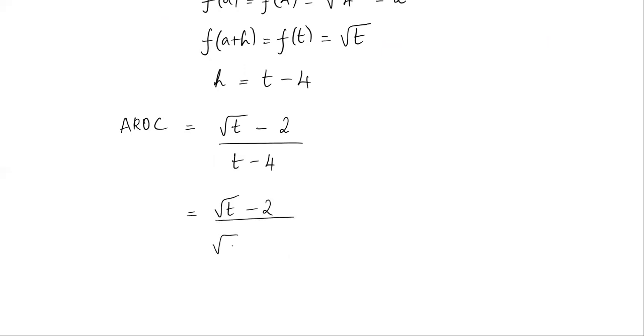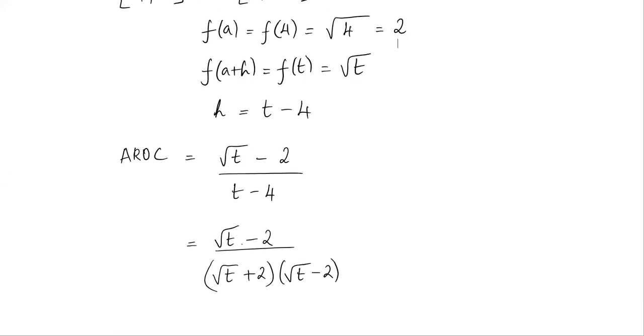So that'll be square root of t plus 2 times square root of t minus 2. This is using difference of squares. And remember that you have to cancel out the entire factor up and down. So that cancels those two off. 1 over square root of t plus 2.